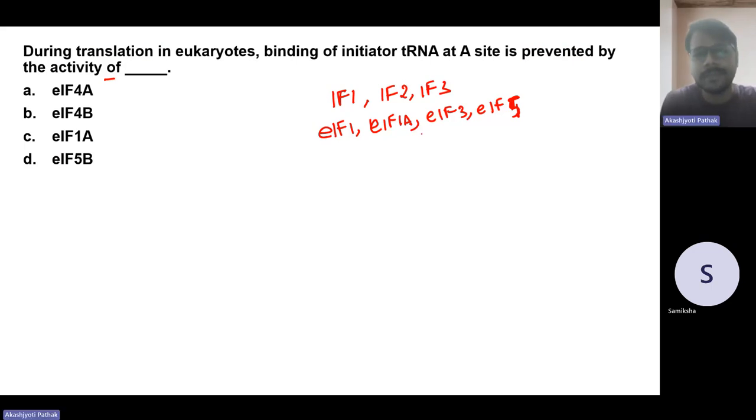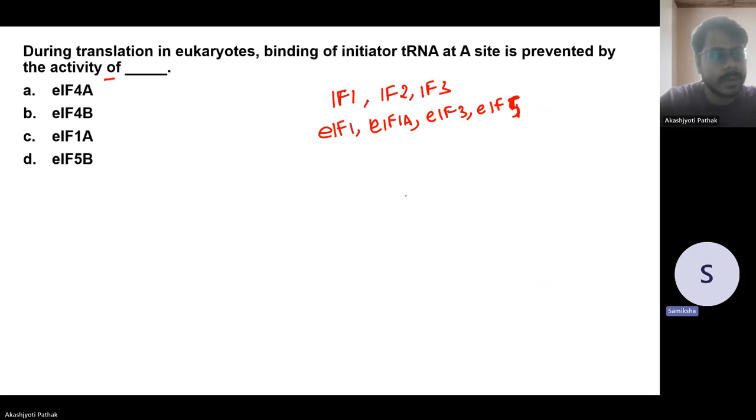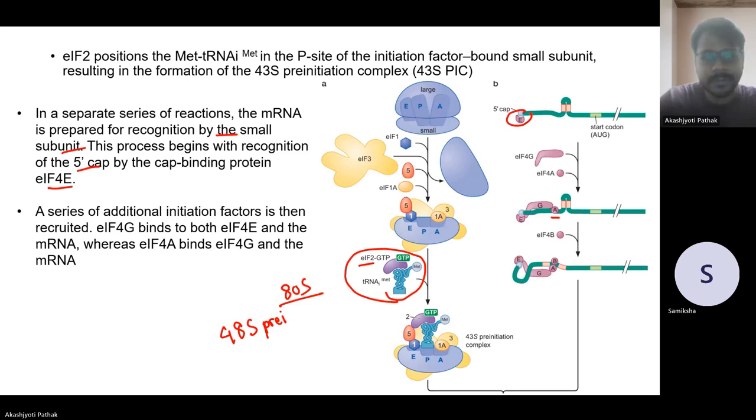If you see this figure carefully, which one is it, 4A or 1A?